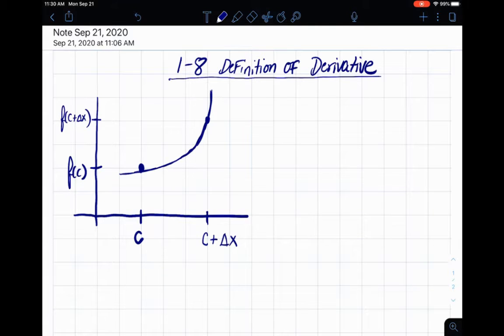Okay, so just some curve there. And we're going to draw a secant line through these 2 points. And a secant line is just some line that's touching both points, right?